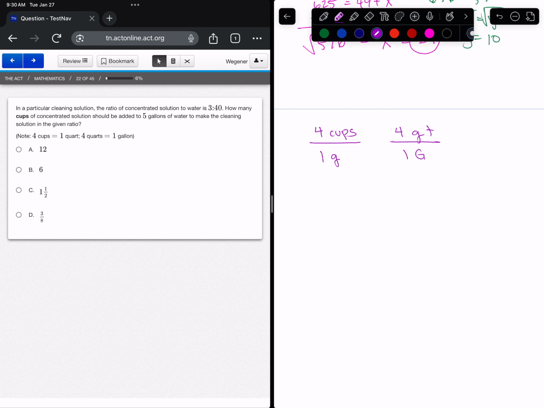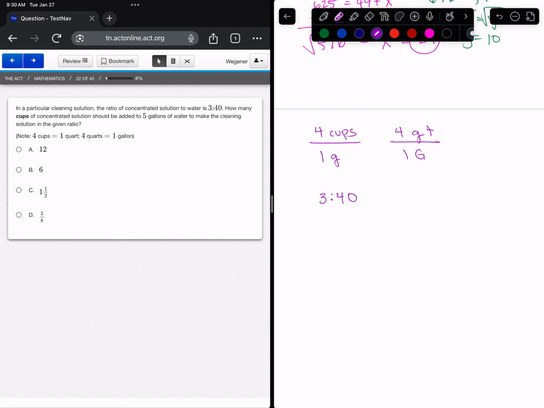So we have a cleaning solution, and the ratio of the concentrated solution to water is 3/40. How many cups of concentrated solution should be added to 5 gallons of water? Okay, so water is 5 gallons.